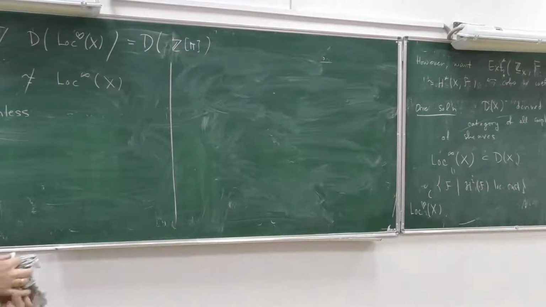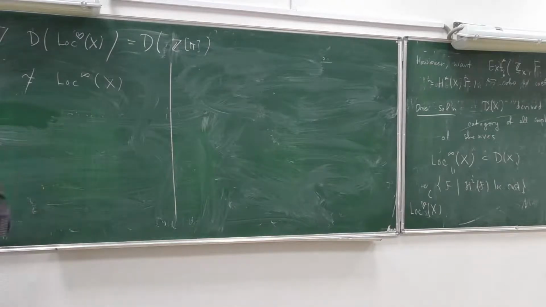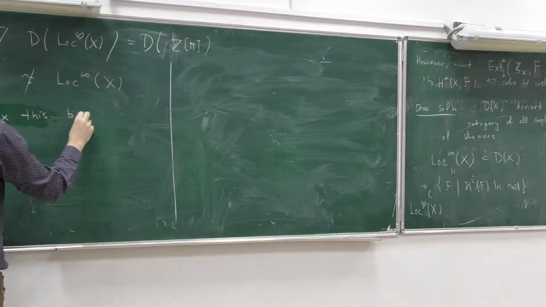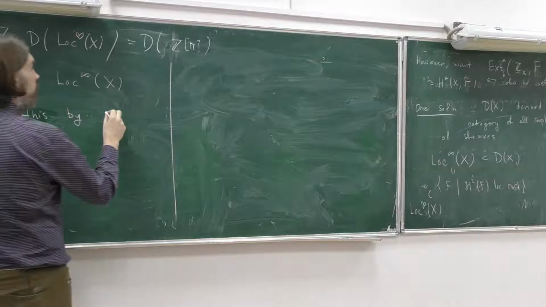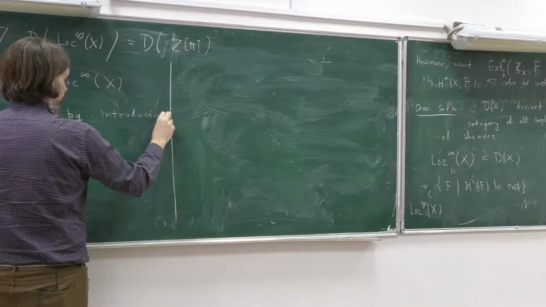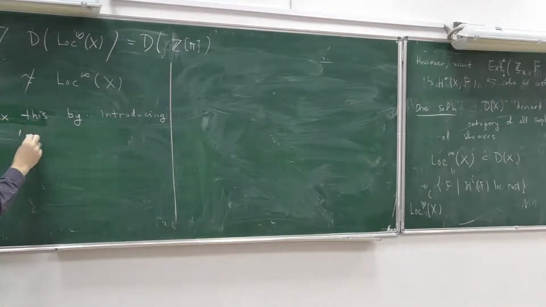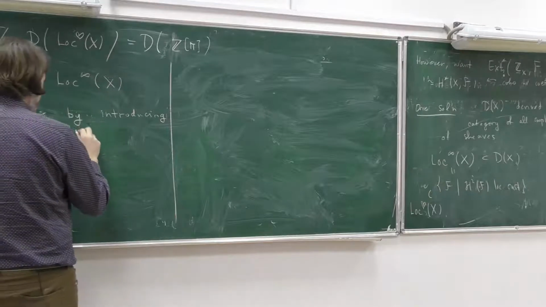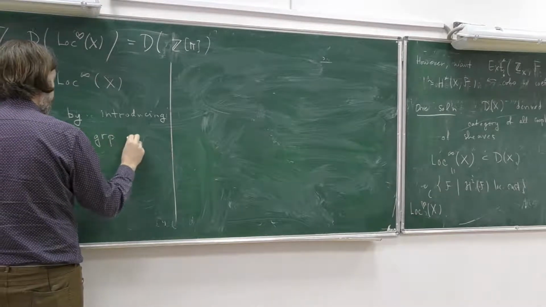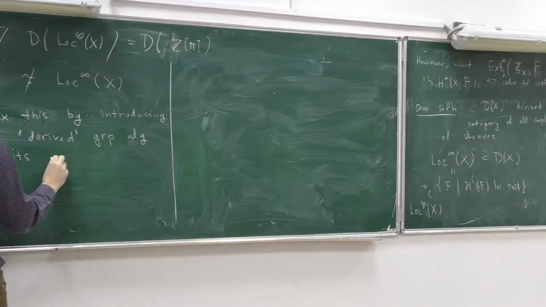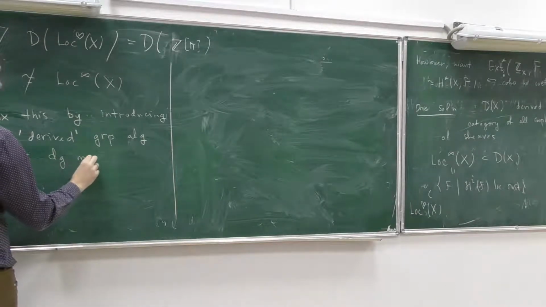There's something a little smarter to put here, which is a kind of derived group algebra. So you can fix this by introducing a kind of derived group algebra and considering DG modules over that. And then this will be an equivalence.